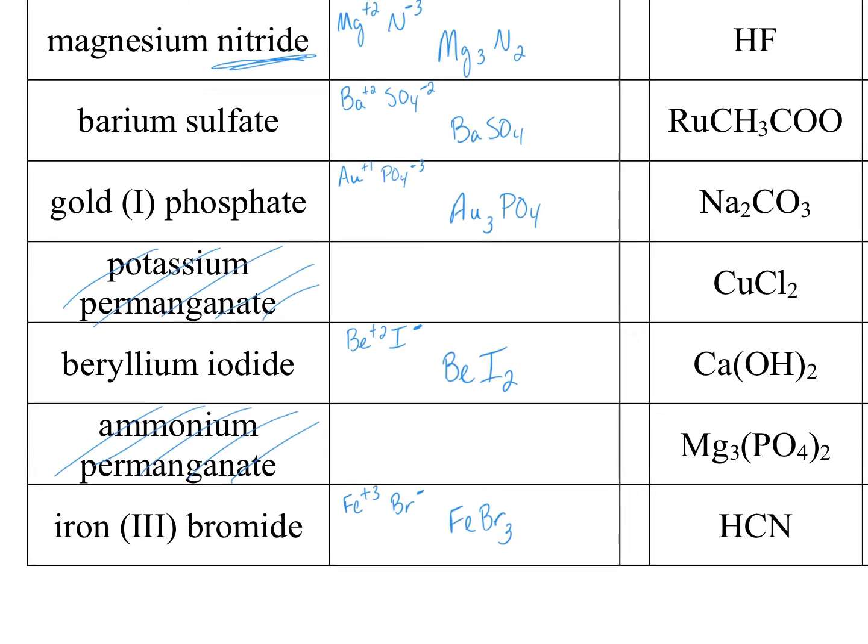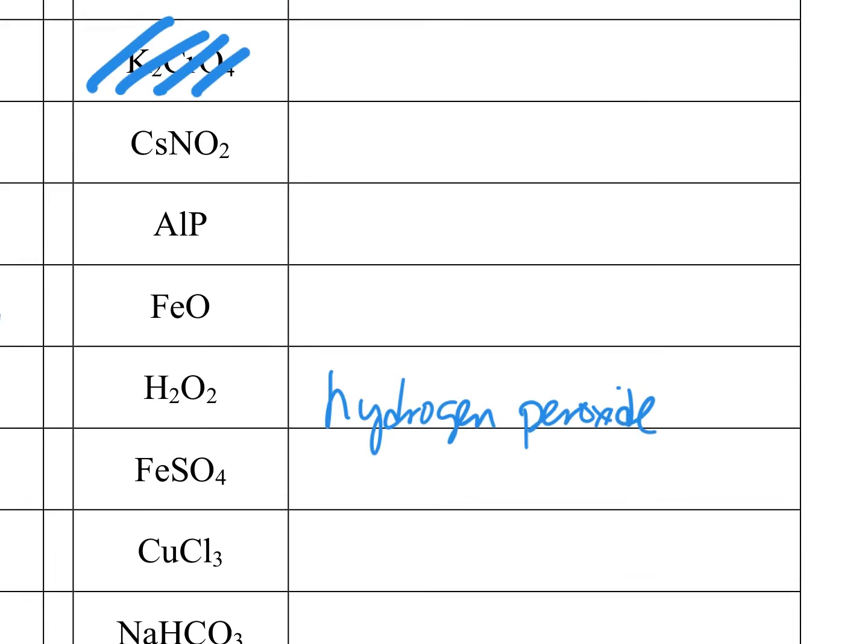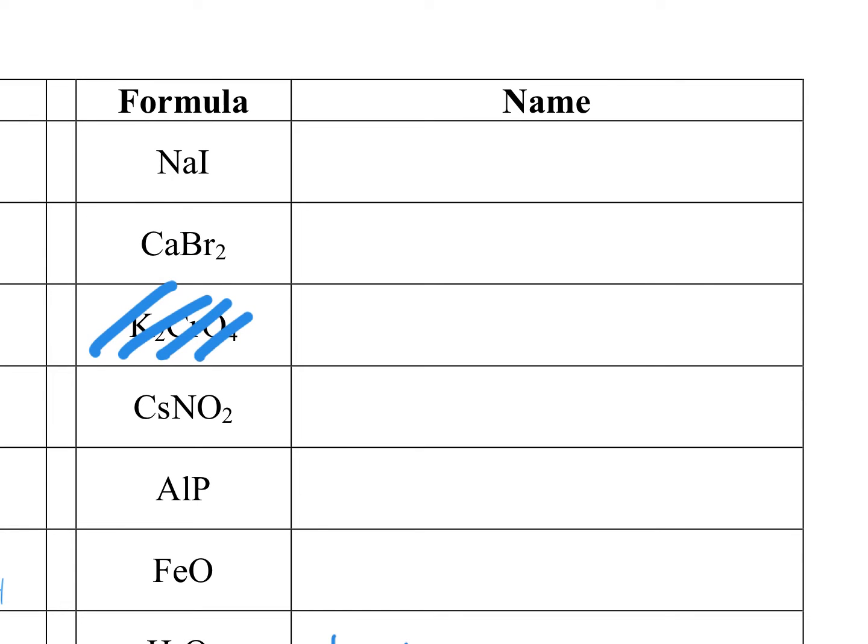Okay, let's go up to the other column, and then I'll do the second page. So now we're going to take the formulas and figure out the name. Keep in mind that if we've got a transition metal, we need to tell people what that charge is.